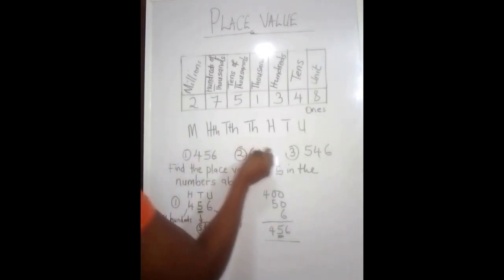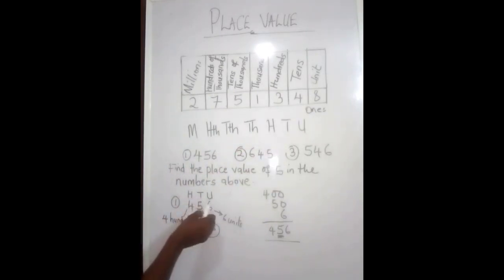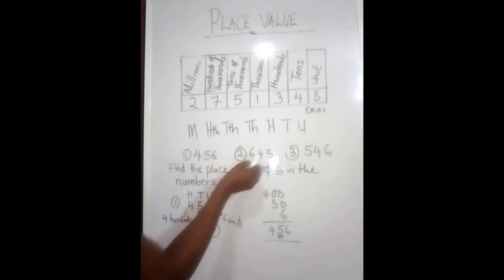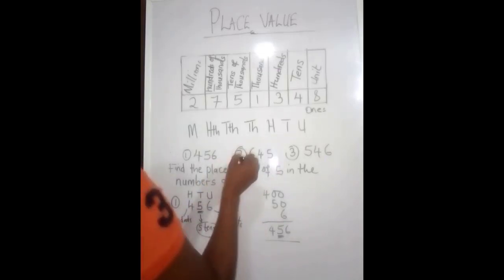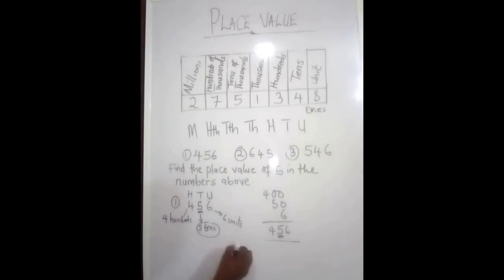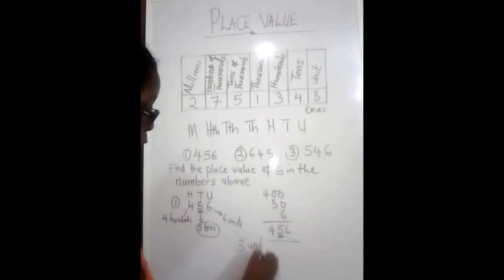Then if we look at the second number, 5 is going to occupy the position of unit, 4 will occupy the position of tens, and 6 will occupy the position of hundreds. And that means 5 in number 2 will be 5 units.